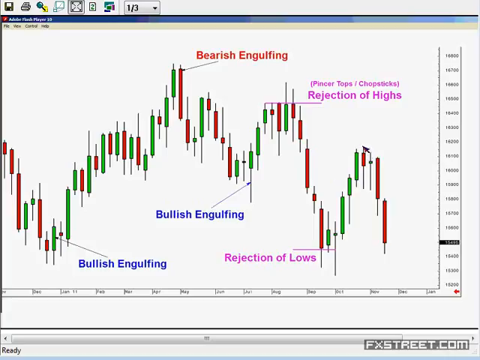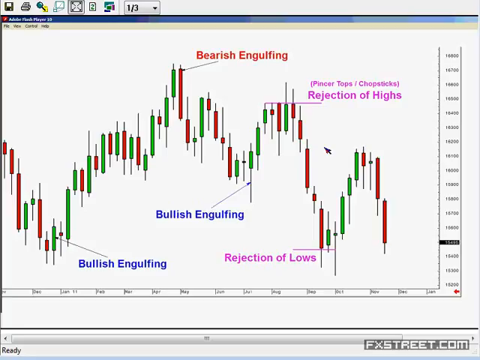What I like to see is the whole of the candle being engulfed. Okay, so I want to see the whole of the range taken out. Because basically what that dictates is the market moved higher, it did make a previous high, but then it completely reversed its sentiment, and it took out the low. So it completely engulfed that candle.